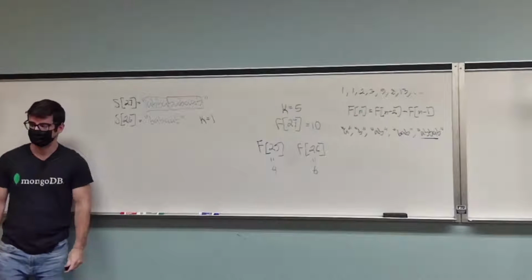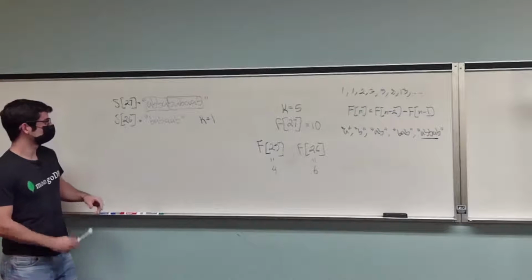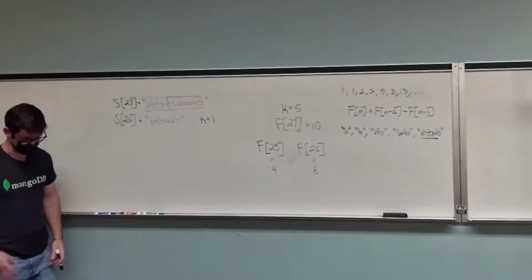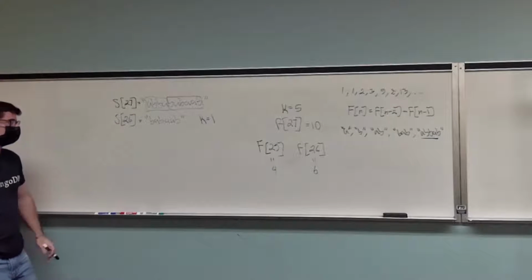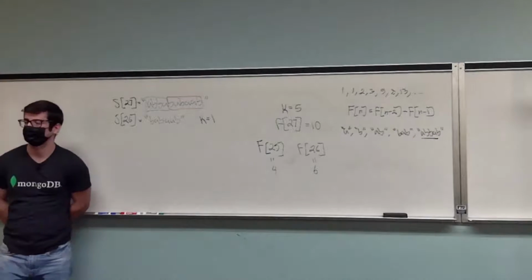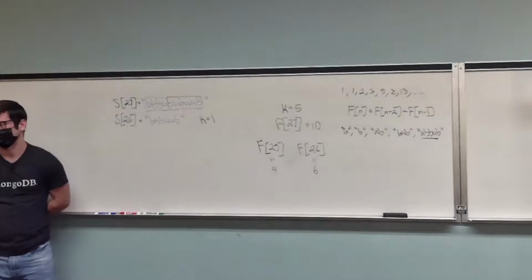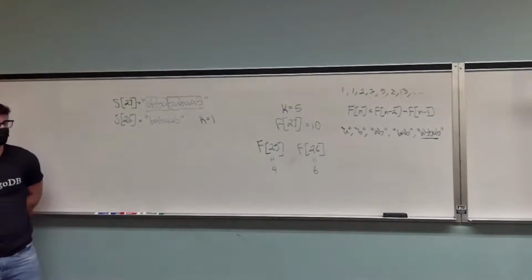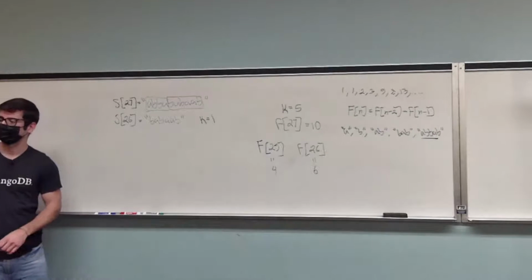Now what? Let me ask you guys to see if you caught what we have to do. From here, how do we know S of 24 and then S of 25? The number of characters would be the Fibonacci number.